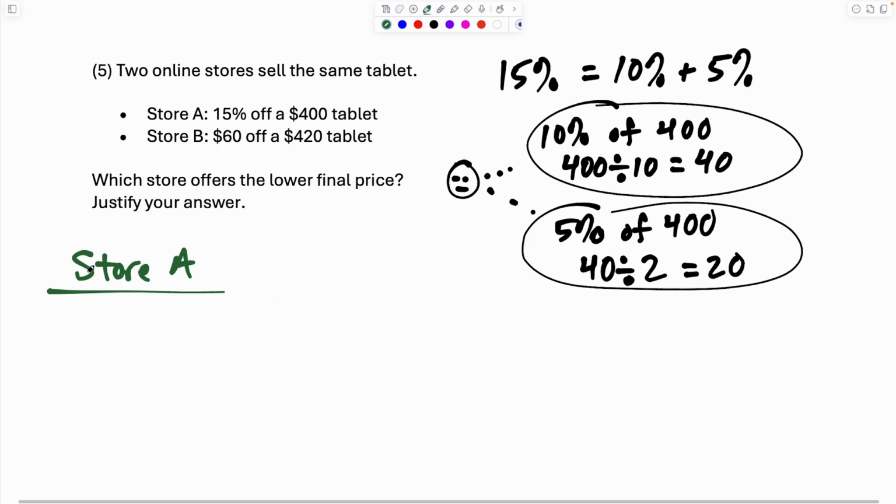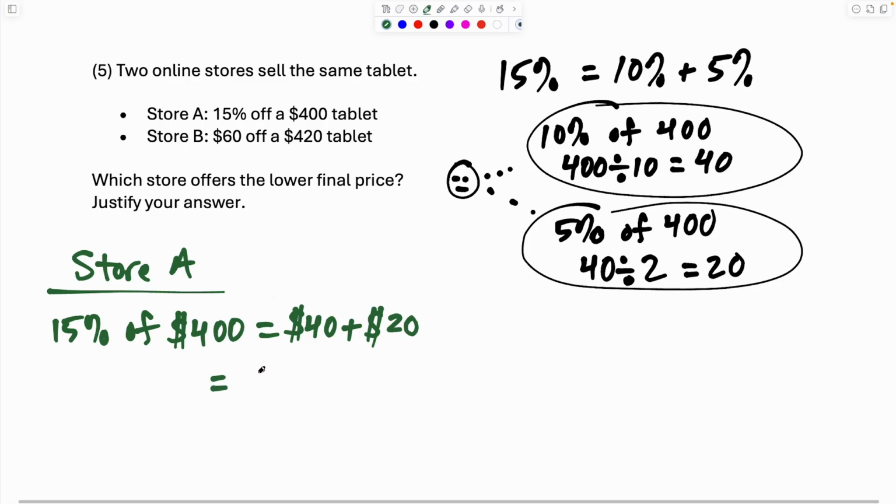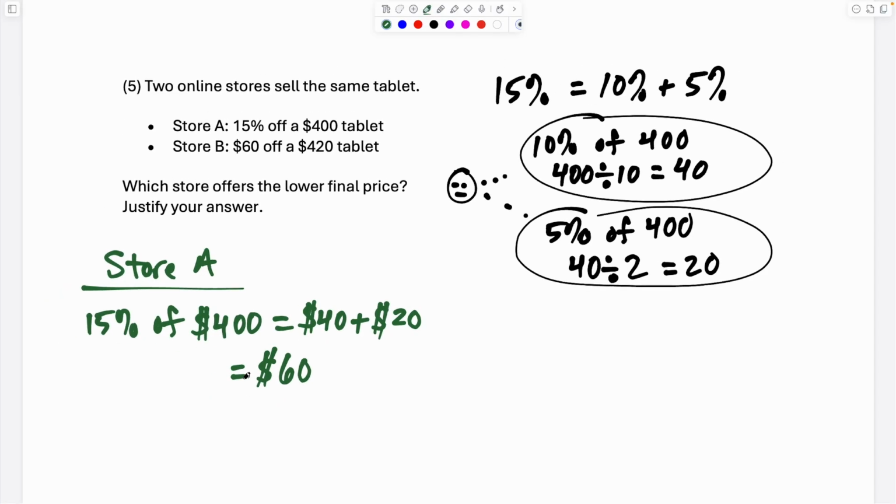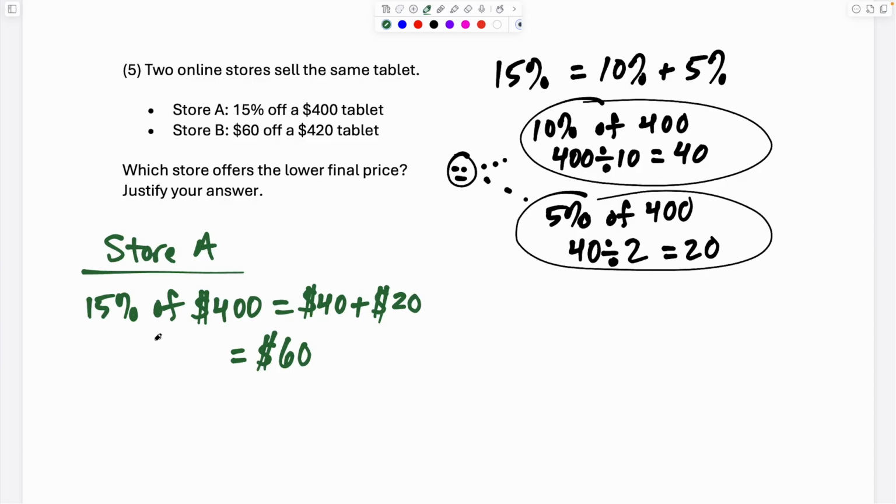So now I could just write this over here. I'm going to say 15% of $400 is equal to the 10%, which was $40, plus the 5%, which was $20. So this is going to equal $60. Okay, so I'll just make this a little bit neater. And now what I do with this is subtract this value from 400.